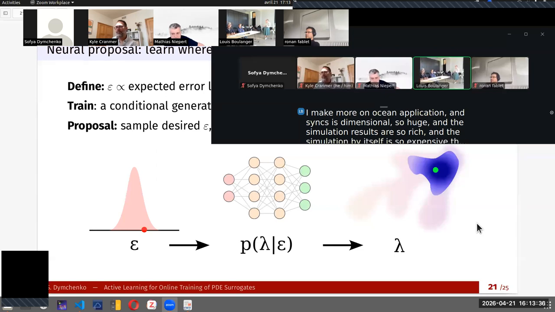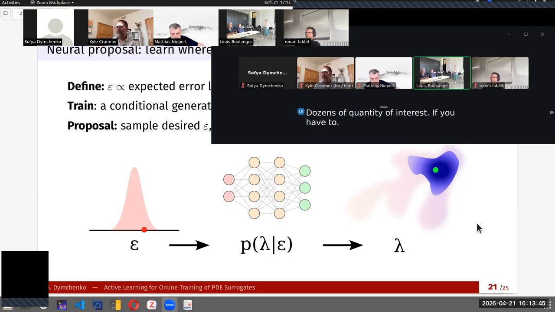Yeah, this is a very, just to focus on one or two quantities of interest, because there are dozens of quantities of interest. And if you have to redo the simulation just because you forgot to look at one quantity of interest, it's a pity.